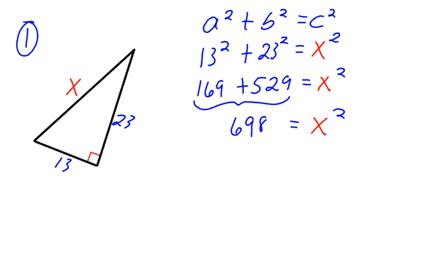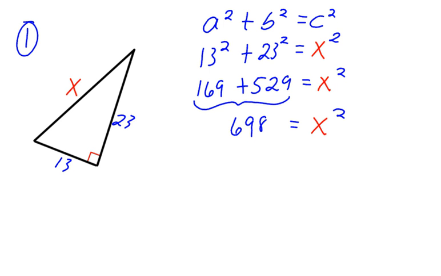Now I'm leaving the squared part in blue to remind me that I've always got to get rid of that squared. Okay? So I have x here in red. That's what I've got to isolate.